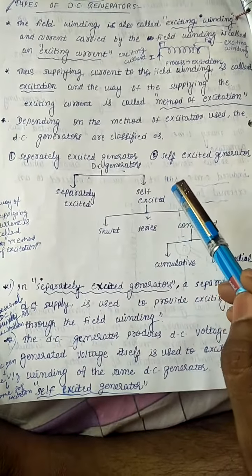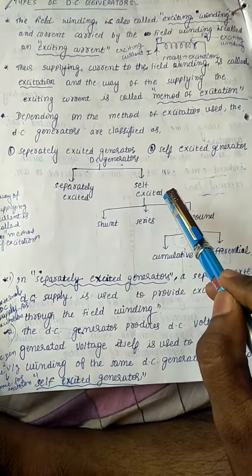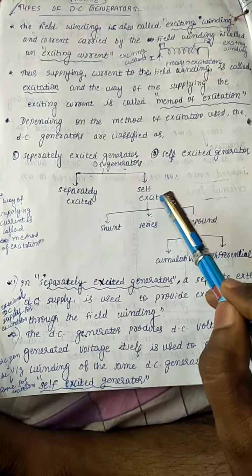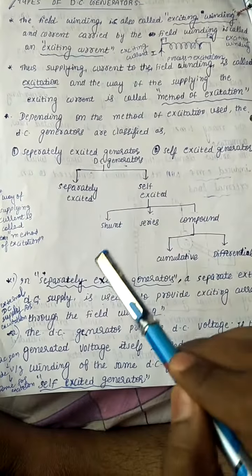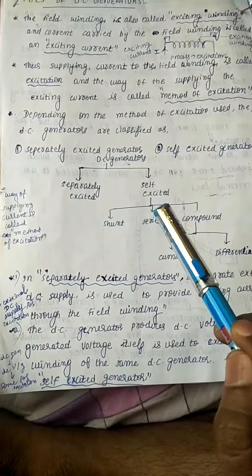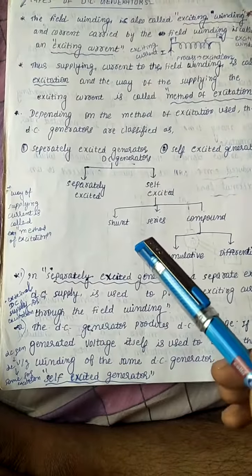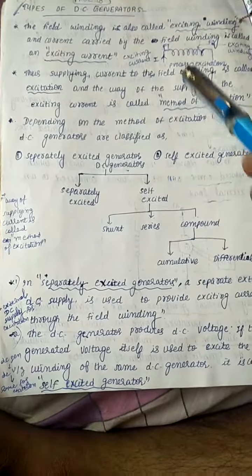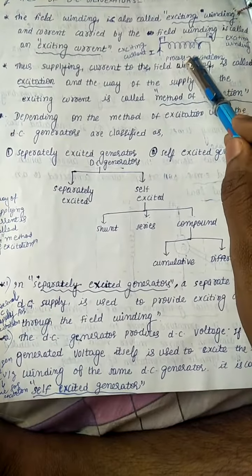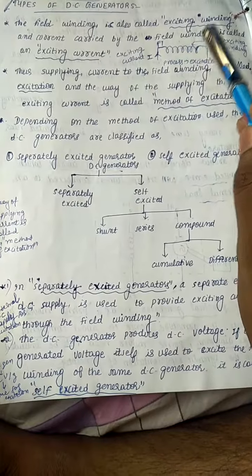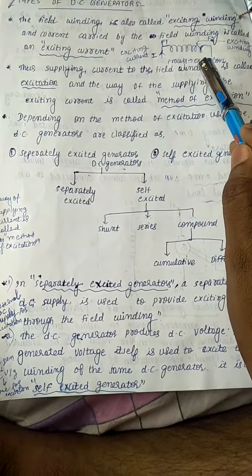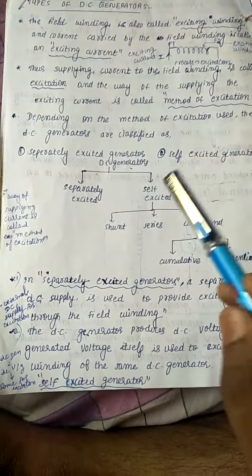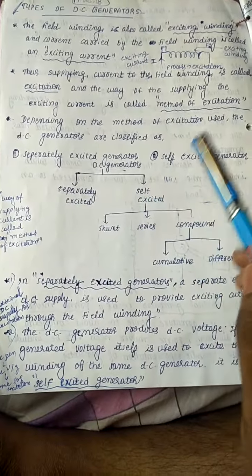Then what do you mean by self-excited generators? As you all know, DC generators are used to generate a DC voltage. That DC voltage is used to excite the winding of the same generator, which is called a self-excited generator.